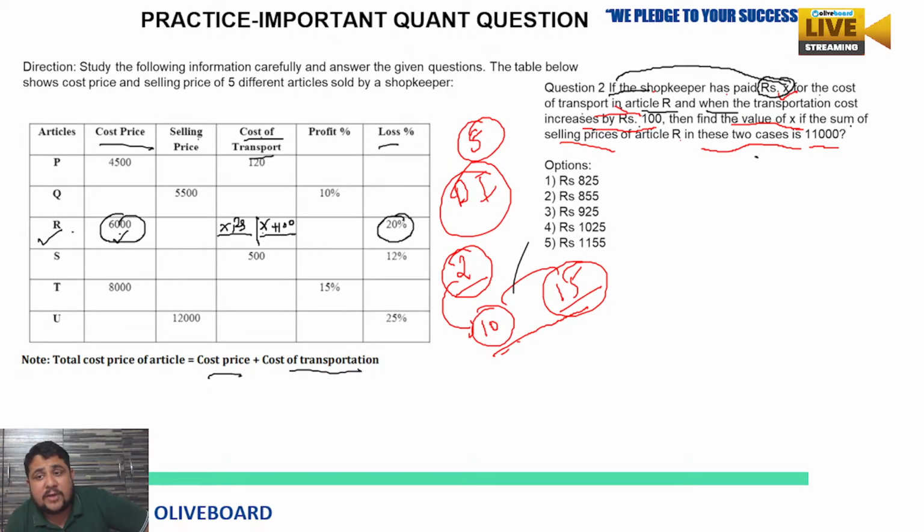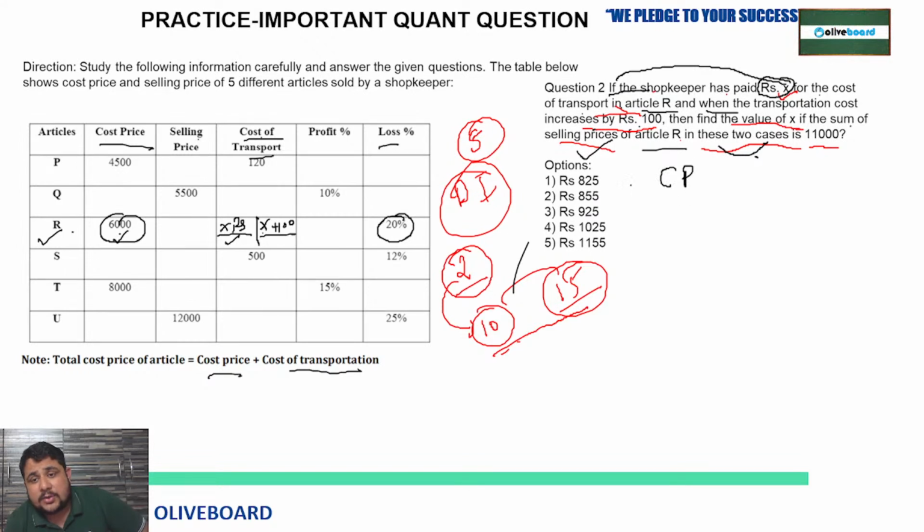Then find the value of X if the sum of selling prices of article R in these two cases, case 1 when the cost of transport is rupees X and case 2 when it is 100 rupees more than X, is given. Are you getting my point now, everyone?